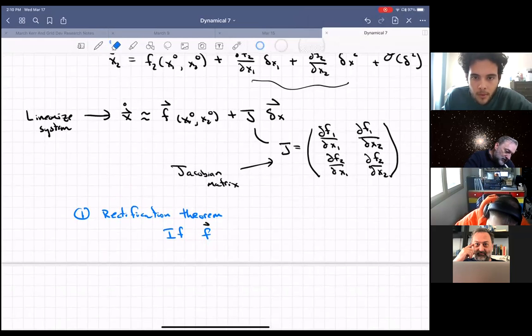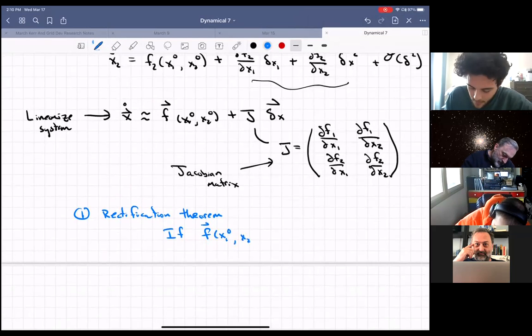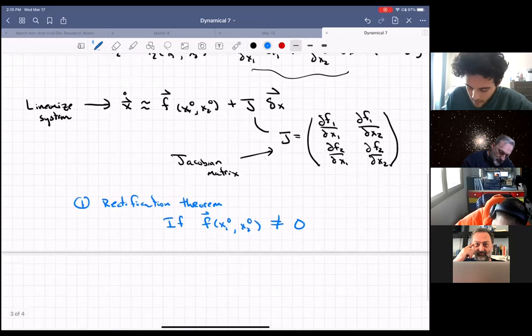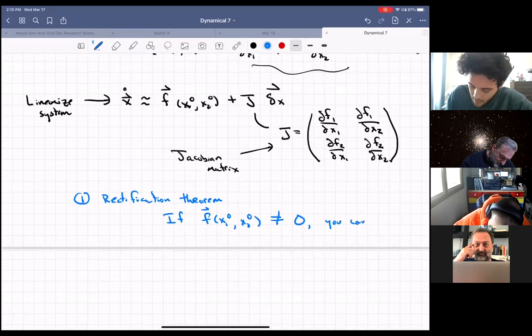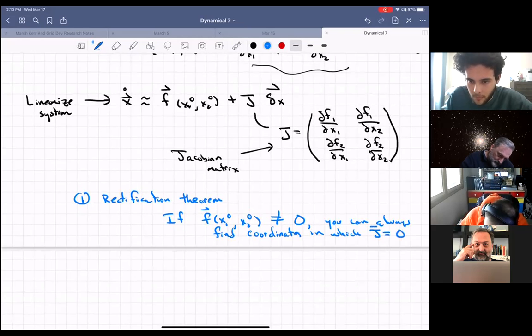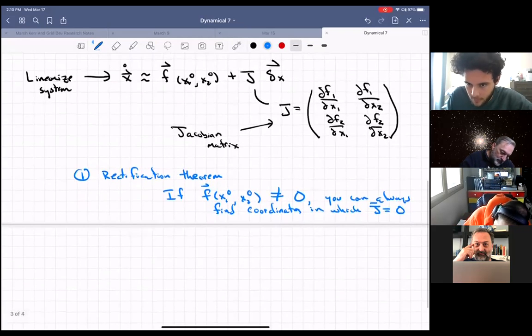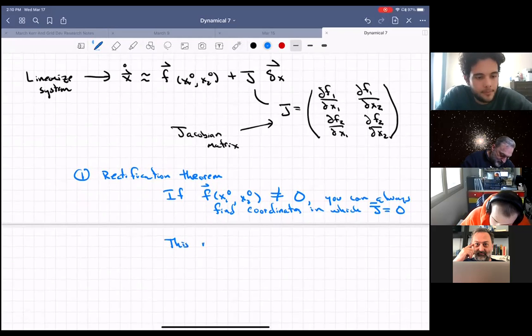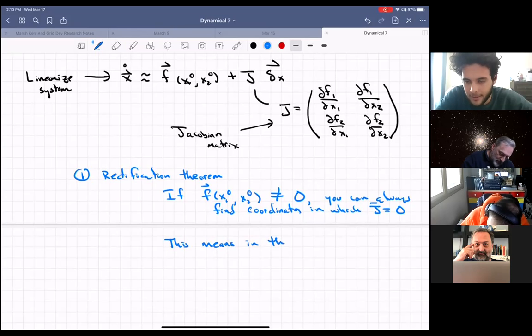So if F vector, a Jacobian with the little hat, I just mean the whole matrix there.